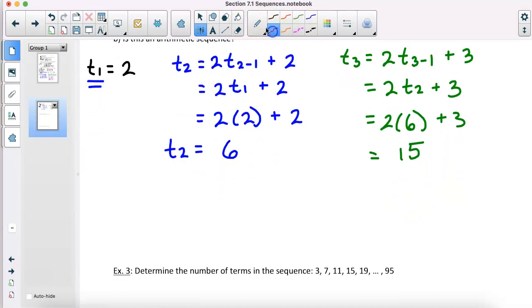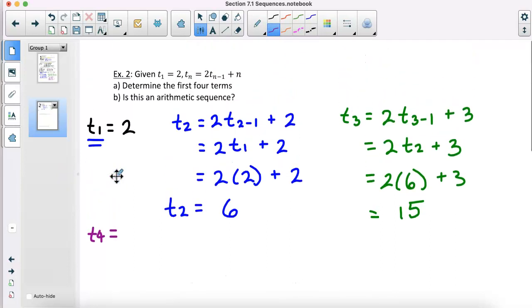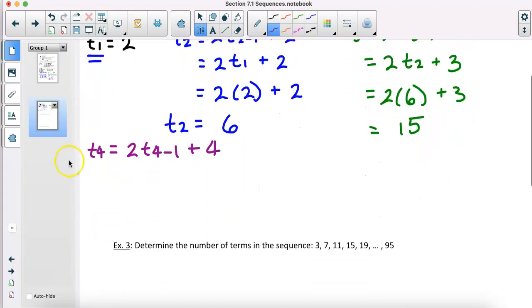And if we do the last one, t4, I'm going to squeeze that just right over here. Looking at our general equation, we have 2t, instead of n now, we have 4 minus 1, plus 4. And 2t3 plus 4. t3, which we got over here in green, was 15.